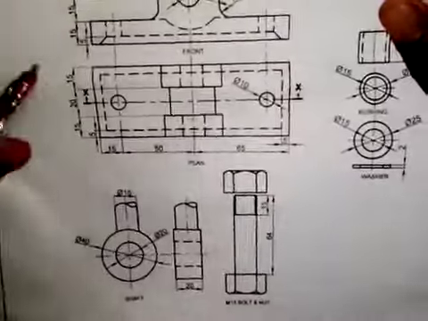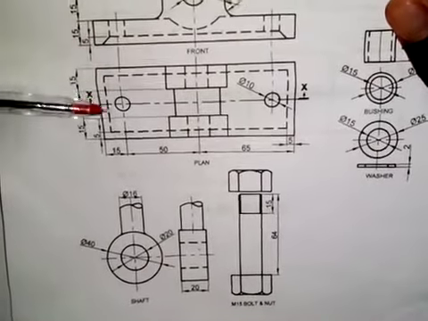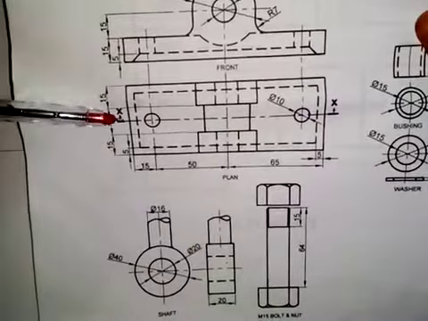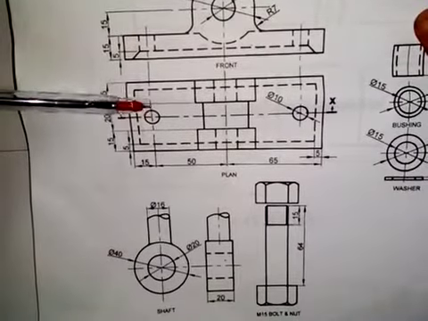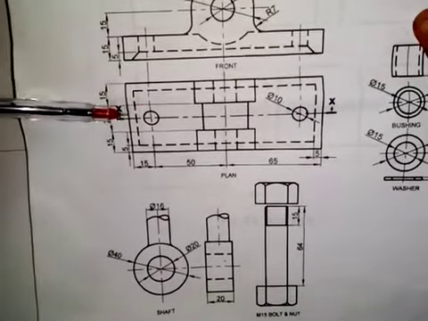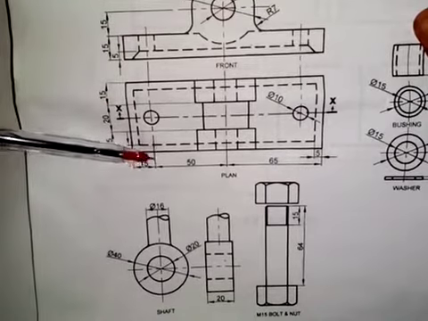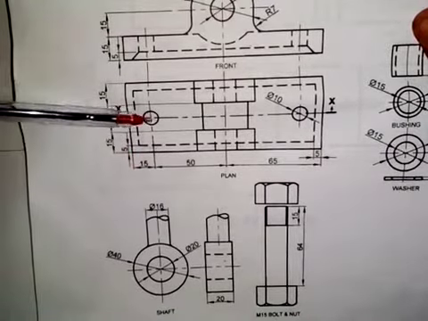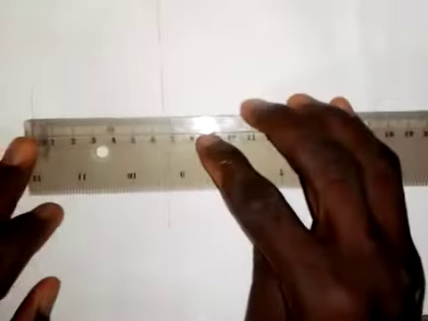Next thing I'm going to do is to draw the hole as we see it in the front elevation. As we have here, the distance of the center of this hole from the end here is 15 millimeters. It is given in the plan. So I will take a measurement of 15 millimeters from here.